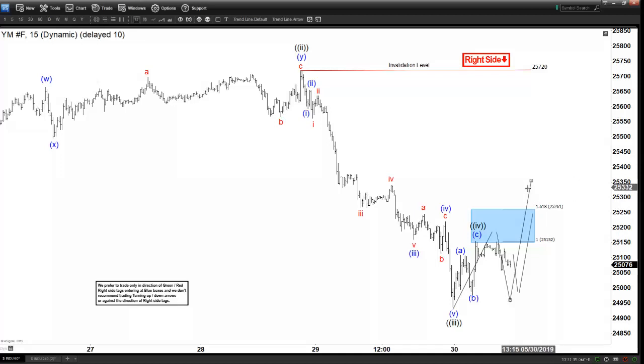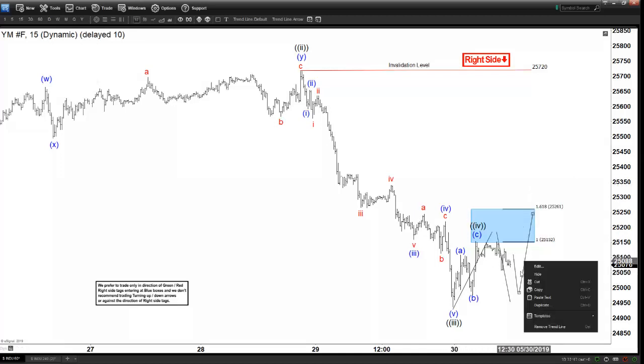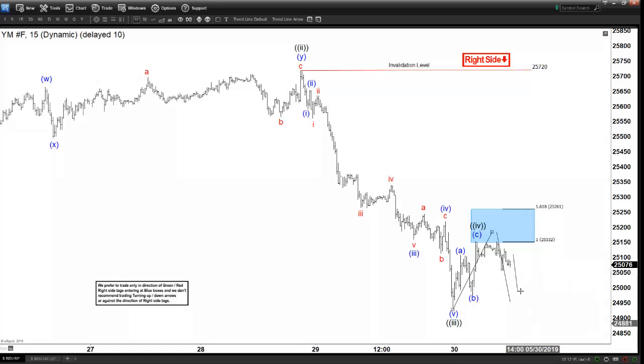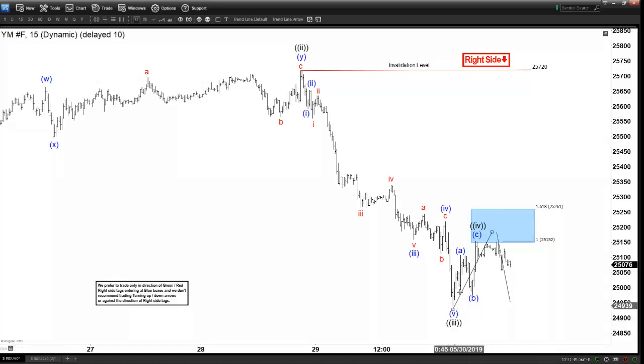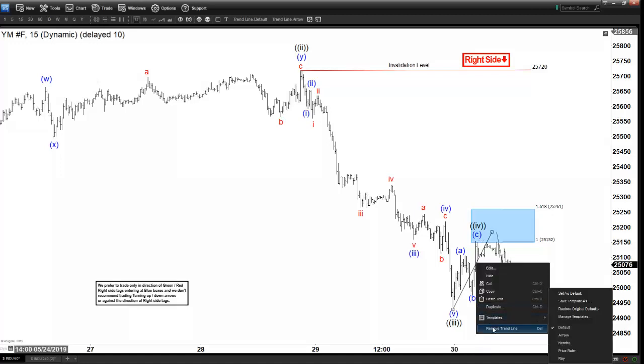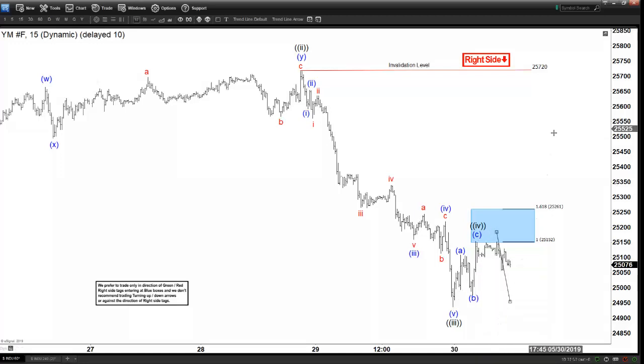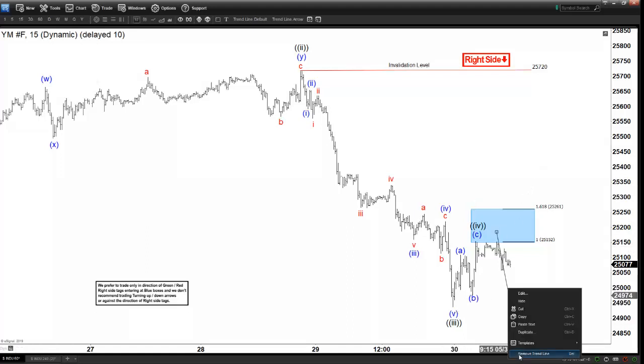Okay, so at this stage we are calling the most aggressive view, but this view is only getting confirmation and validation if it breaks below this previous low. If we don't get a break below the previous low and we rally again, then this entire structure to the upside is going to change, right?